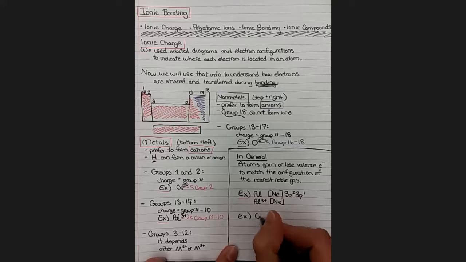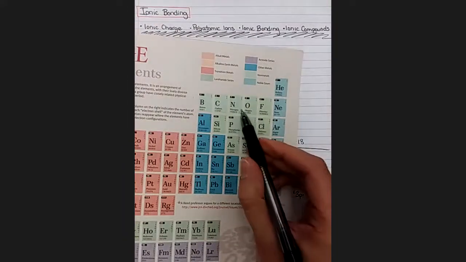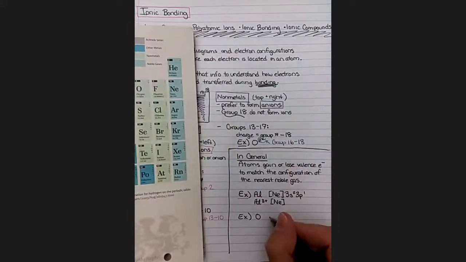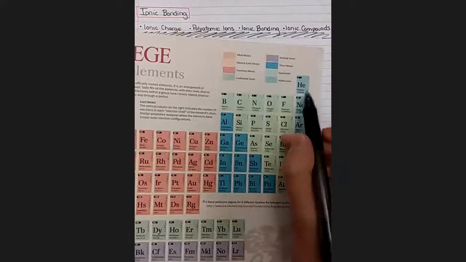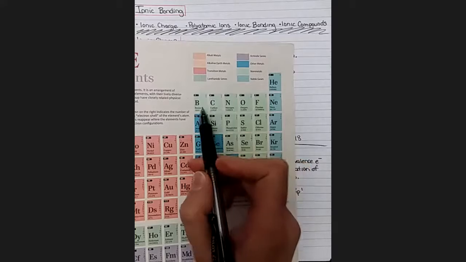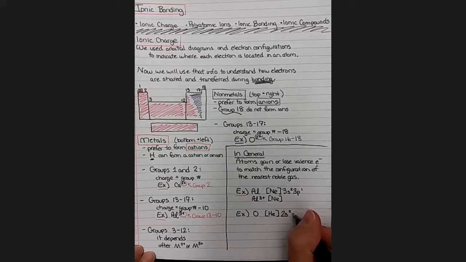It looks similar for oxygen. So oxygen lives here in the second row. So the last noble gas before oxygen was helium. So we can start its shorthand configuration with helium. Then after helium comes the 2s subshell, which is filled, and the 2p subshell, which has 1, 2, 3, 4 electrons in it. So we've got 2s2, 2p4.